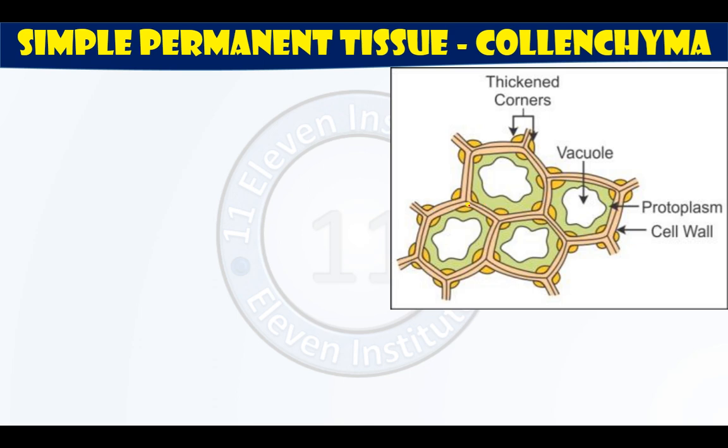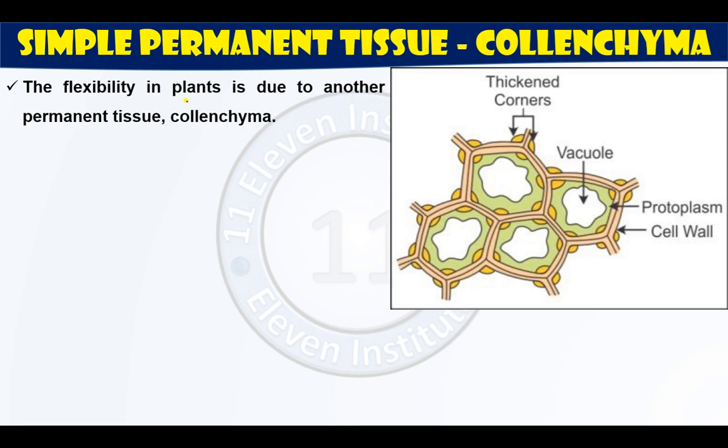This is one cell, this is another cell, and there is no space in between them, and the corners are also thick. The flexibility in plants is due to another permanent tissue called parenchyma. Please associate these two: flexibility in plants, and the presence of this tissue.